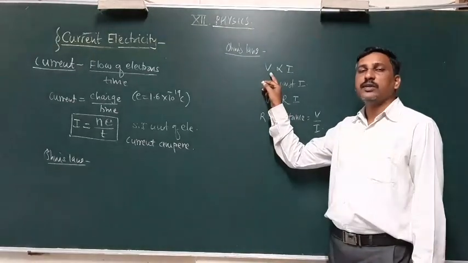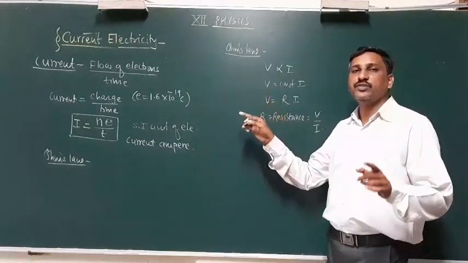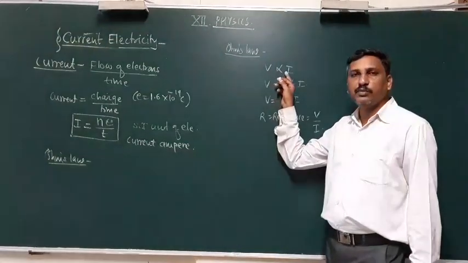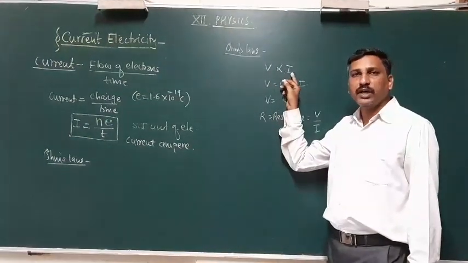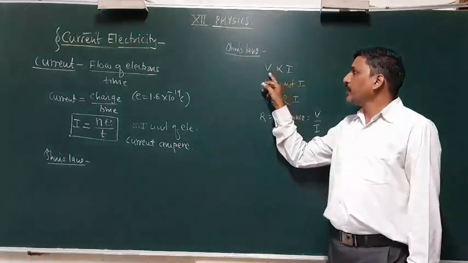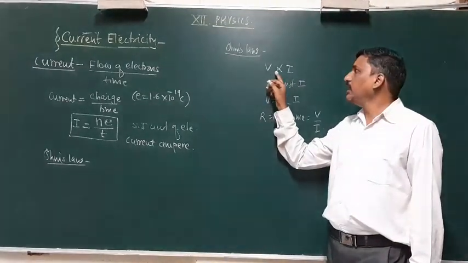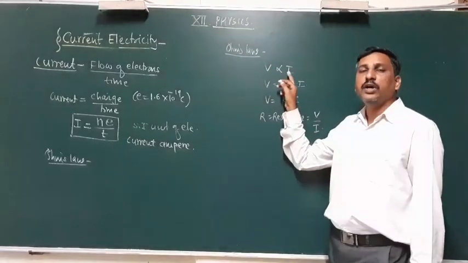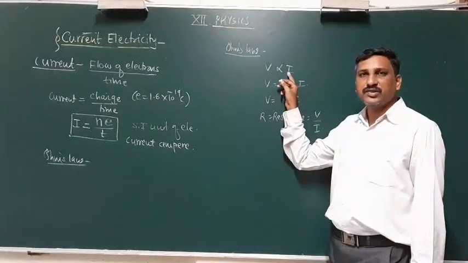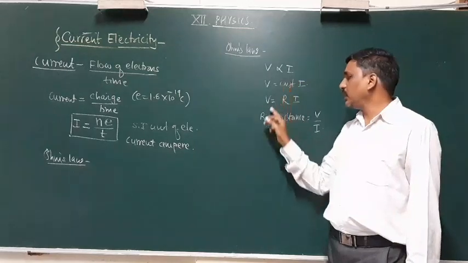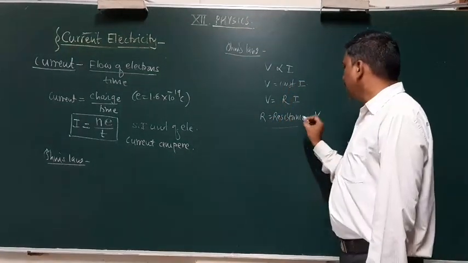Potential difference applied between the two ends of a conductor is directly proportional to the amount of current flowing through the conductor. And here R is called the resistance.